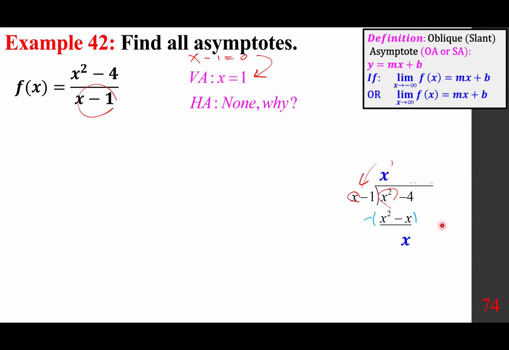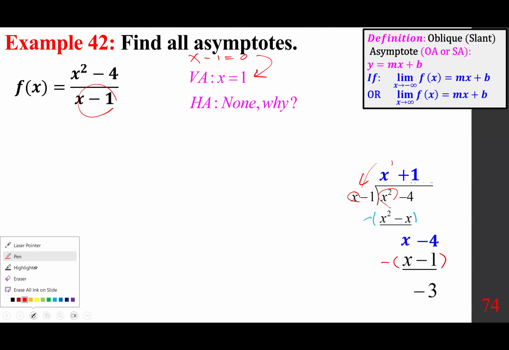You bring the negative 4 down and divide x by x, you get 1. You multiply the 1, you get x minus 1. And again, you're subtracting, class. When you subtract, you get minus x and x cancel each other. You get plus 1 and negative 4, negative 3.